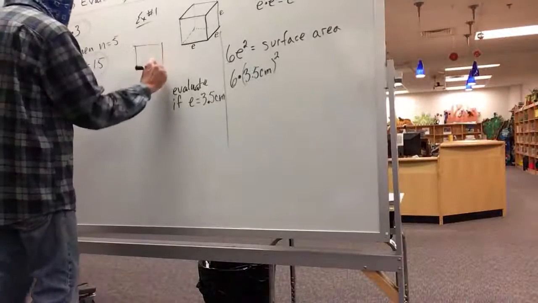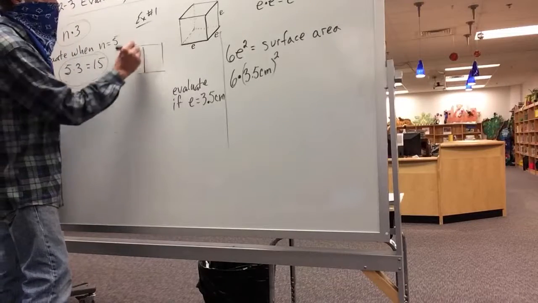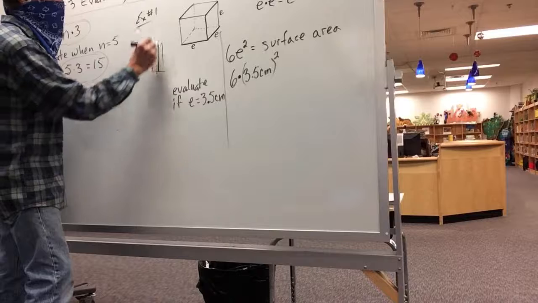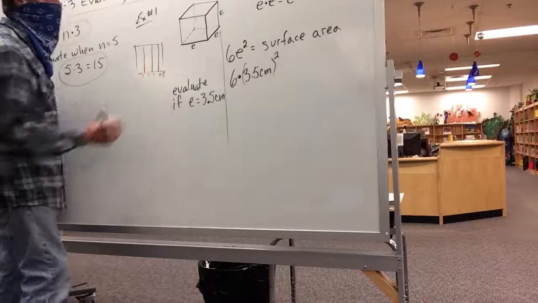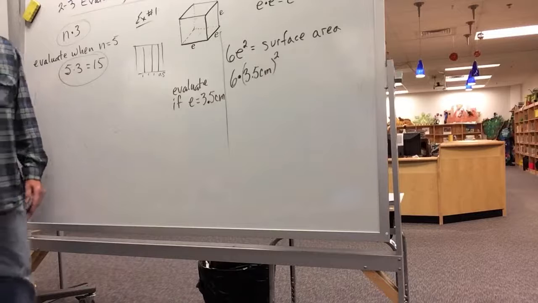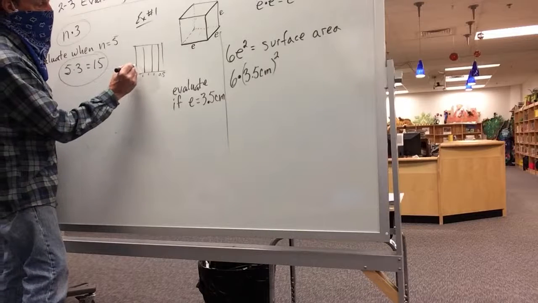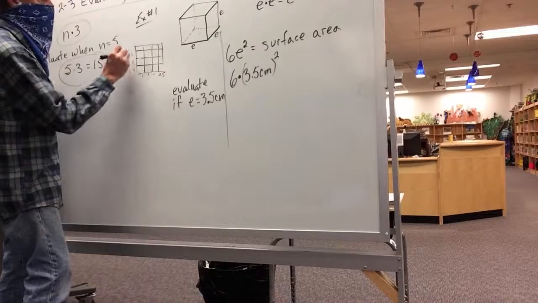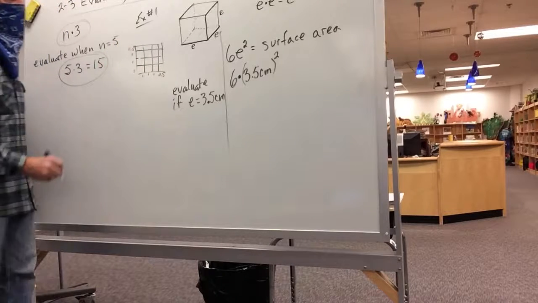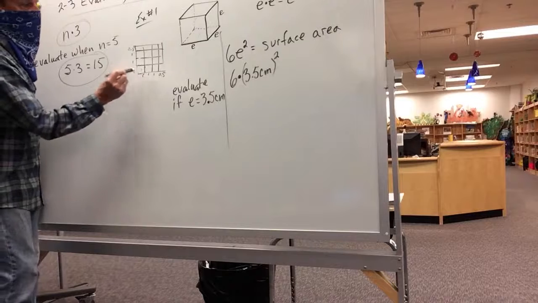But when we draw one side of this, it's going to be 1, 2, 3.5 centimeters. And then we draw another edge, it's 1, 2, 3, and then a half. So here's a square centimeter, 1.